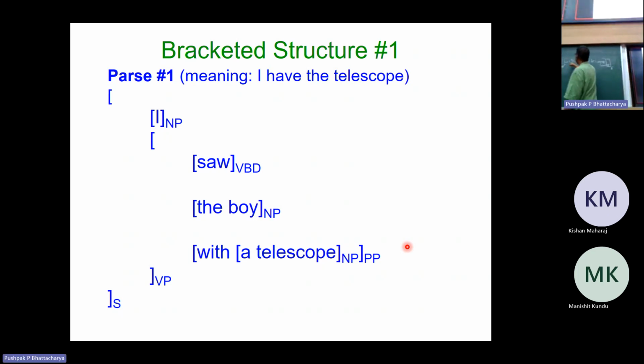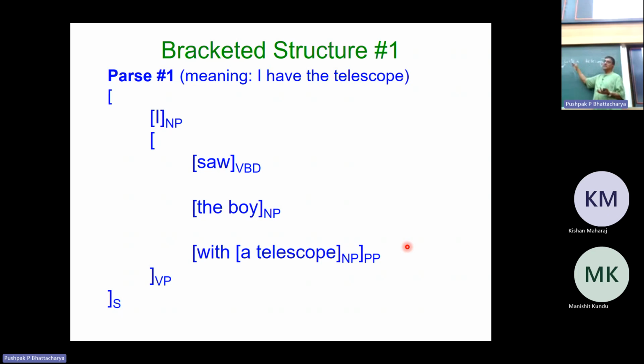With a telescope, I know it starts with "with", so there must be a preposition phrase. Here the decision problem is easy because at this position I have got a very strong signal. Which level is starting to form?